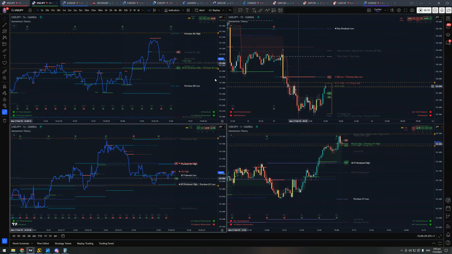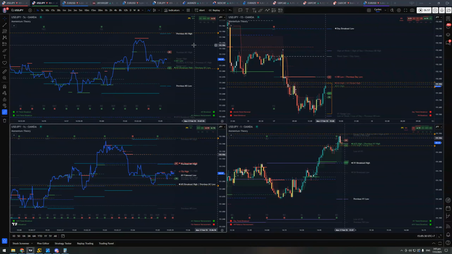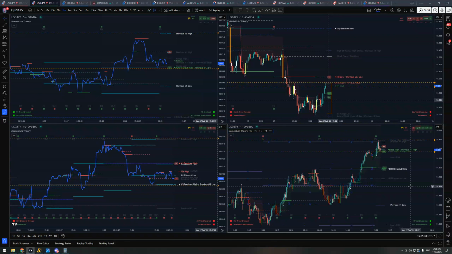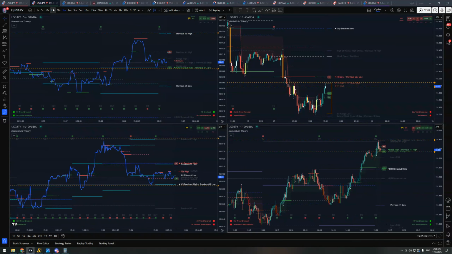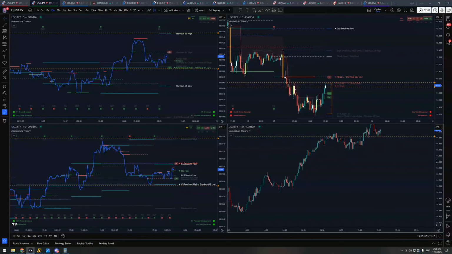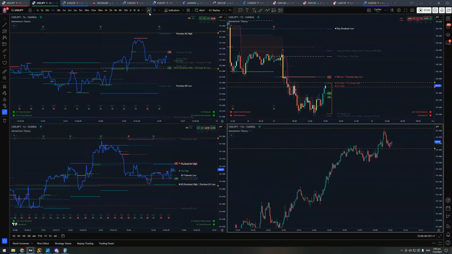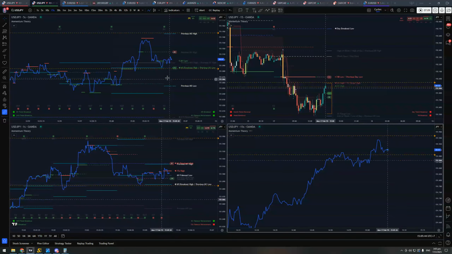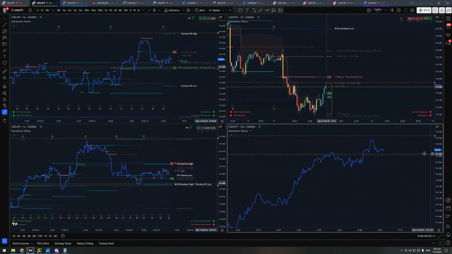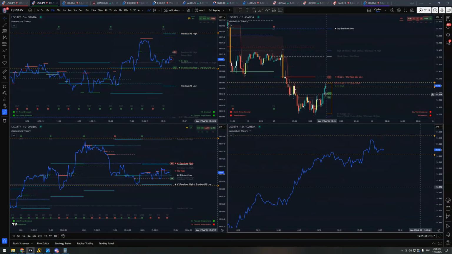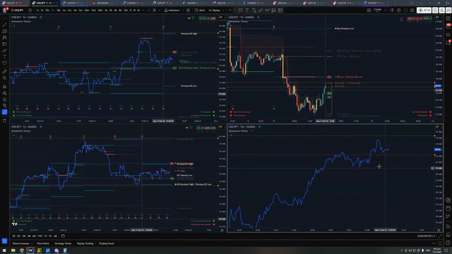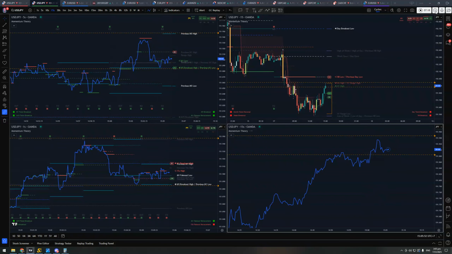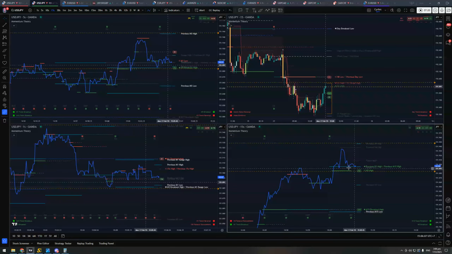Okay, we have a strong push on the M15. Okay, so here's the M15 high.